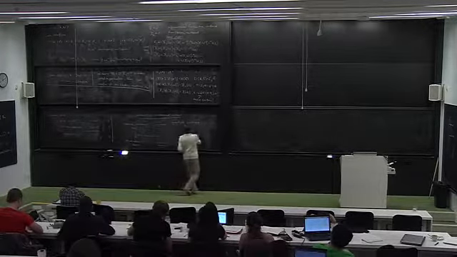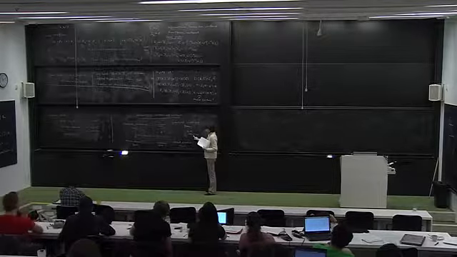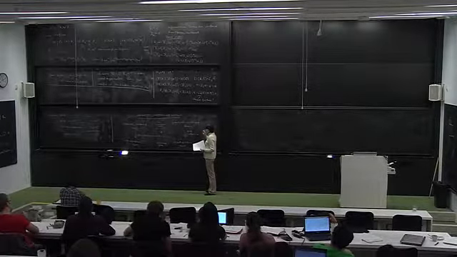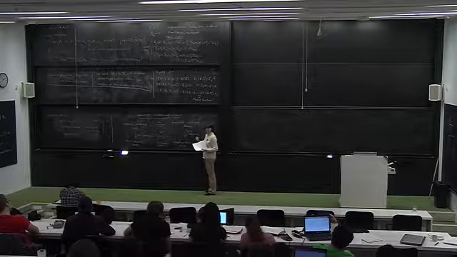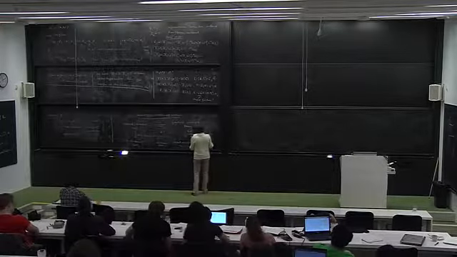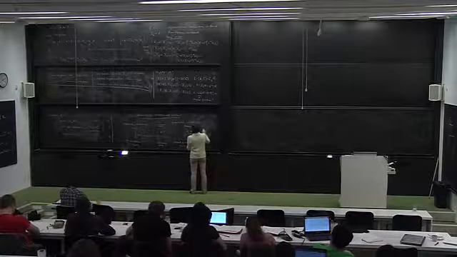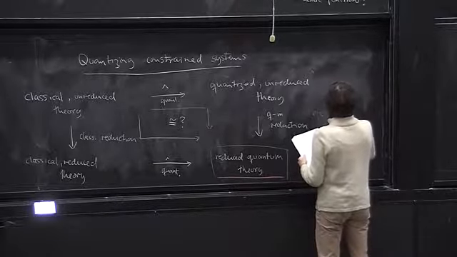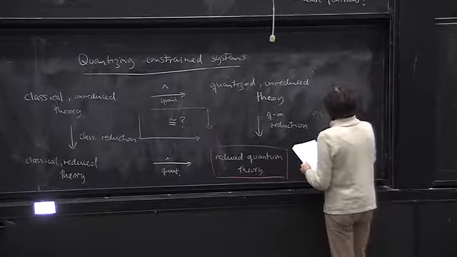This quantum reduction process is usually taken to be something one calls the Dirac quantization. So let me just write this down. That's at least a popular way of implementing this reduction.